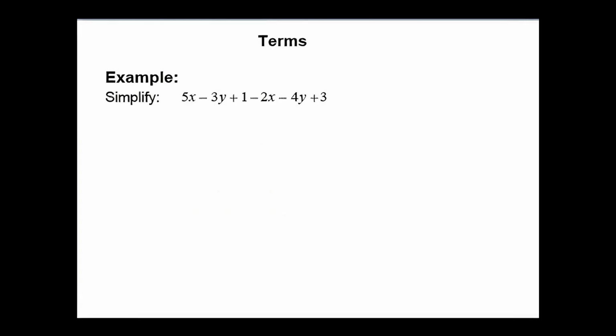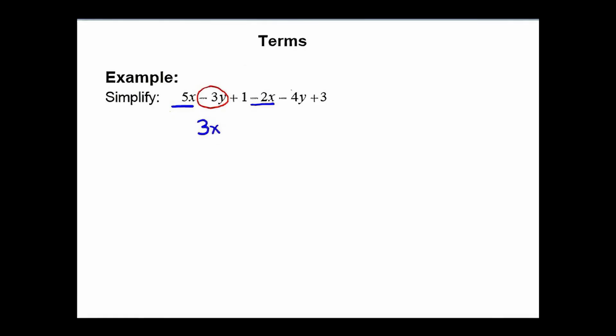Now we're ready for a more advanced example. Simplify, and we'll pick out the like terms. So first we'll do the x terms. 5x and minus 2x. These are different signs. We're going to subtract, sign of the larger, so positive, keep the variable. Then we'll do the y terms.